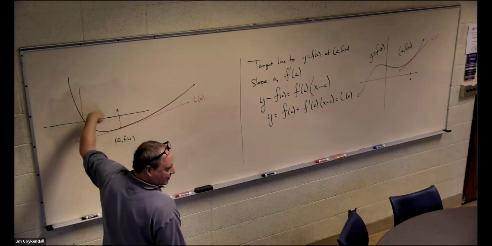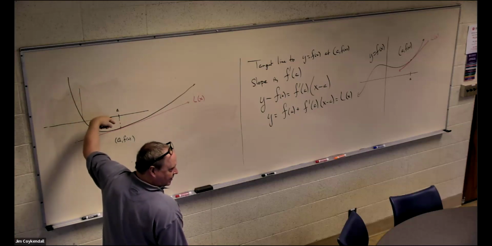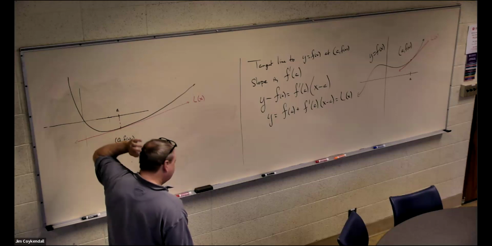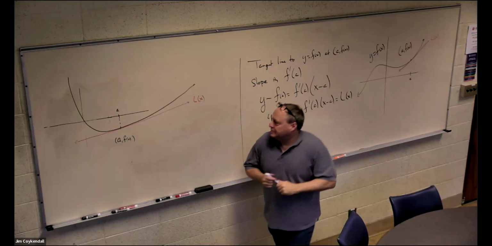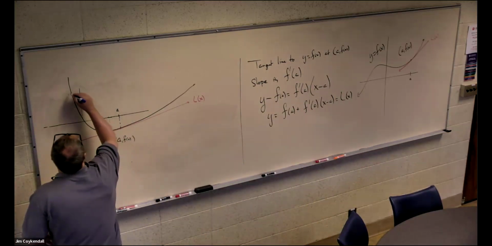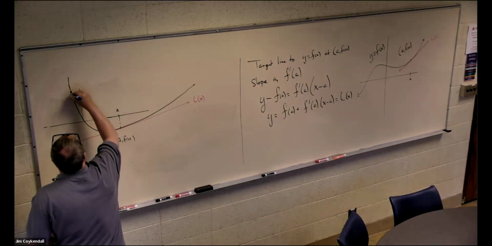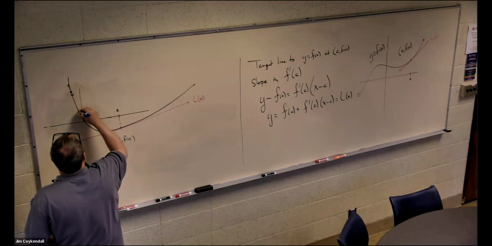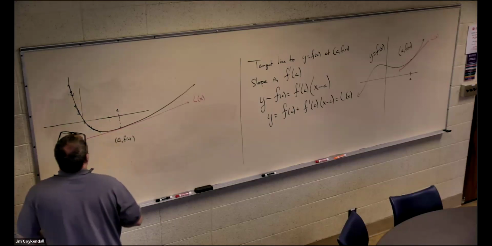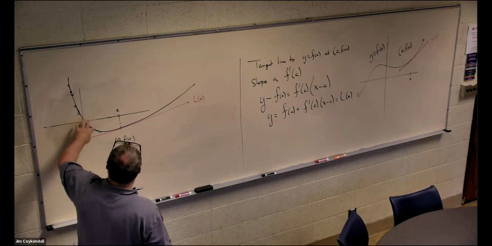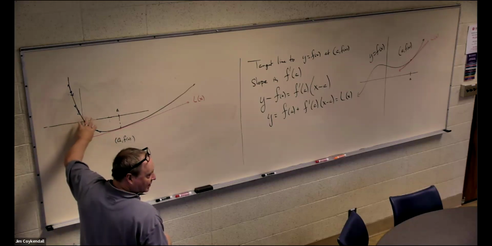It's more curvy here, isn't it? So can you quantify that? Let me ask you. If you move just a little unit here, what's happening to the slopes of the tangent lines?